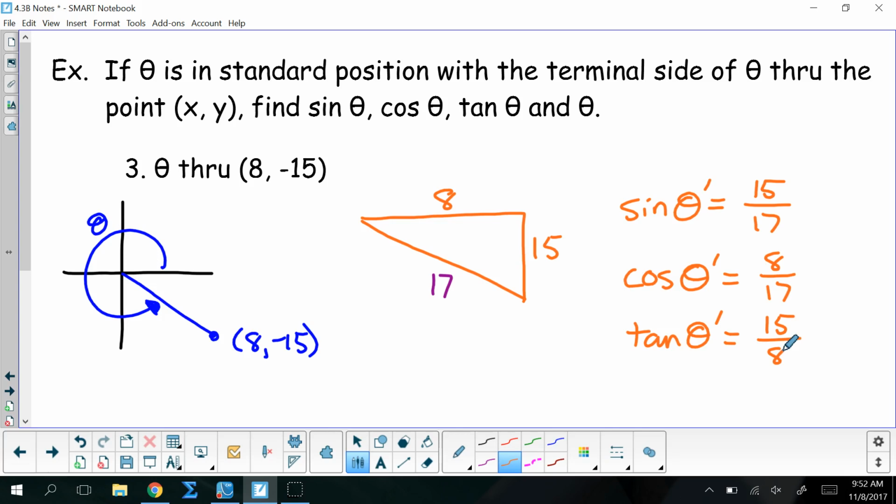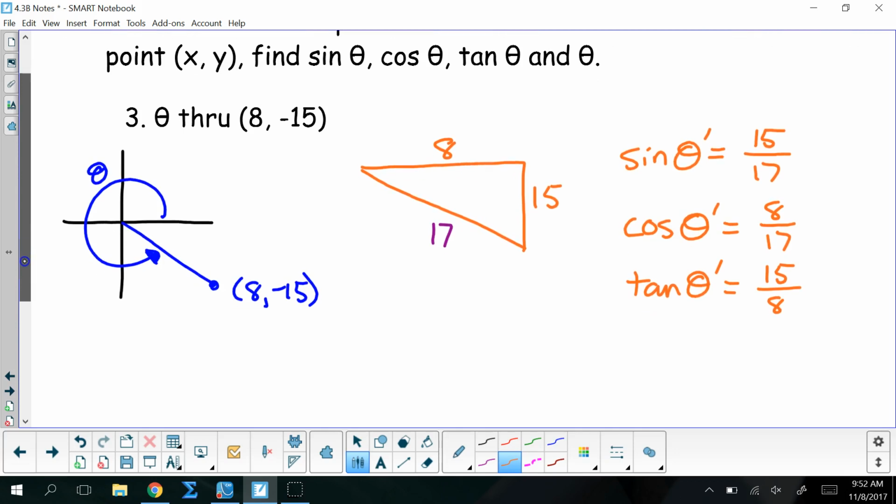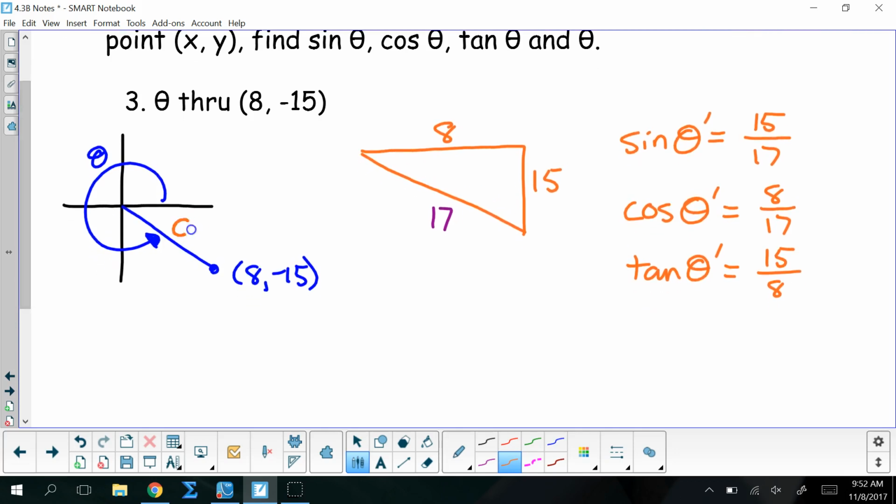Agree? So that tells me that my reference angle, which is right there, is 61.928 degrees, or 1.081 radians.